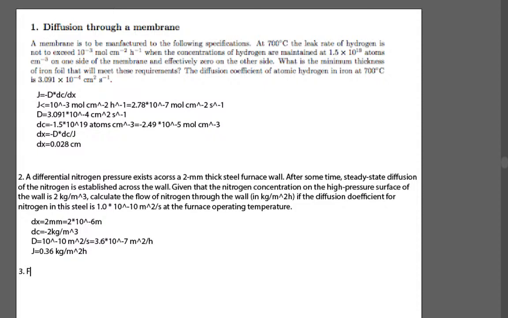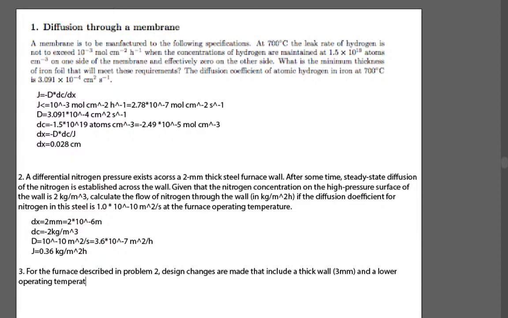For the furnace described in problem 2, design changes are made that include a thicker wall, which is 3 millimeters, and a lower operating temperature that reduces the nitrogen diffusivity to 5.0 times 10 to the power of negative 11 meters squared per second.